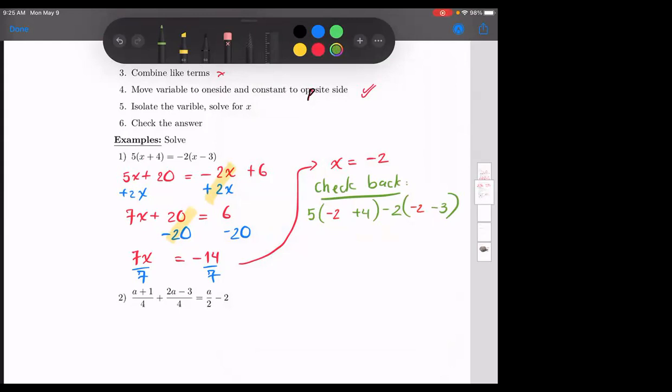Negative 2 plus 4 is 2. So 5 times 2, which is 10. Should be equal, I forgot the equal sign. And negative 2 minus 3 is negative 5. And times negative 2, that's 10 also. So it is checked.